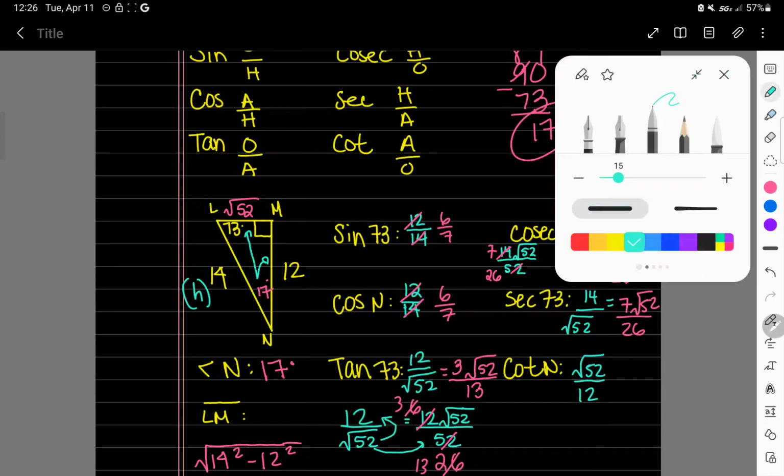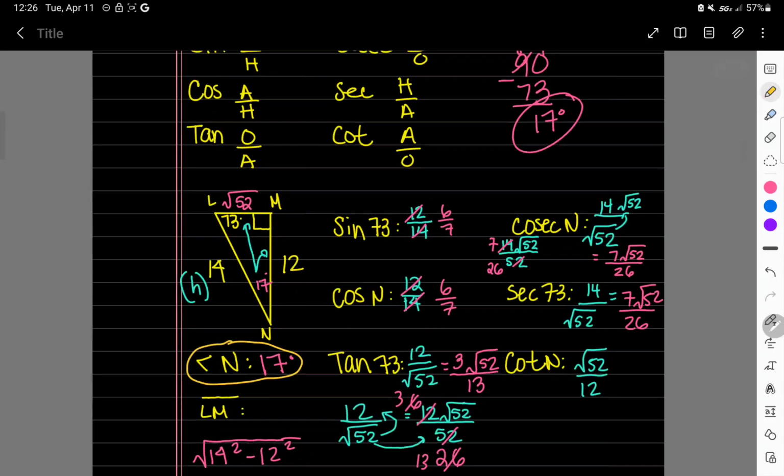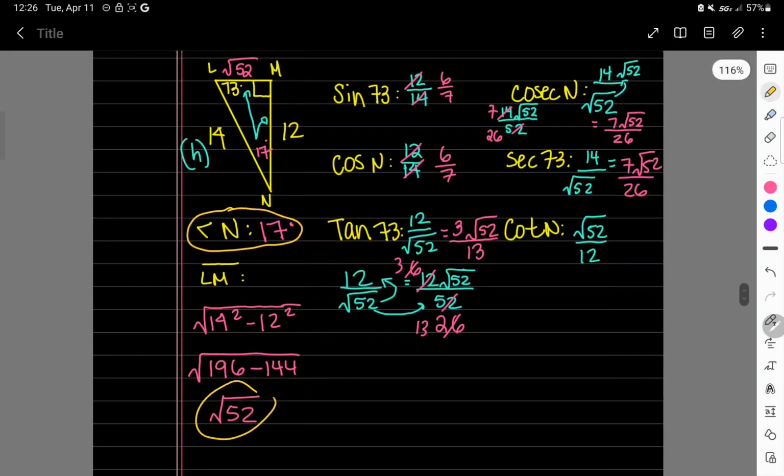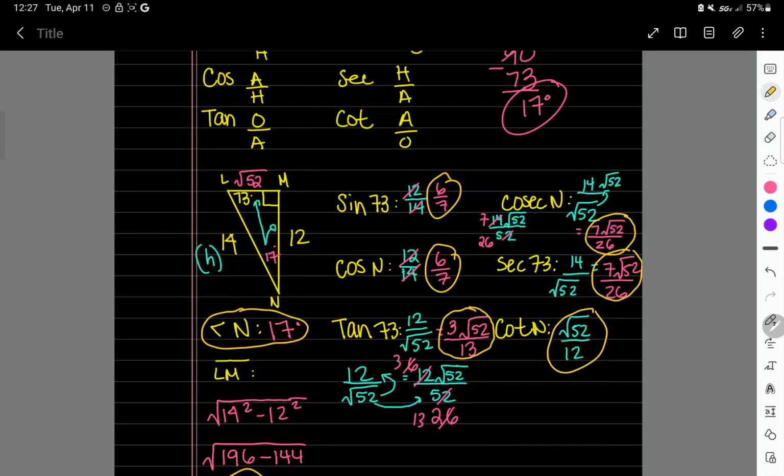So our answers for these are 8 answers. We have the answer of the missing angle, we have the missing side, which was square root of 52, and then we have 6 over 7, 6 over 7, 3 times the square root of 52 over 13, 7 times the square root of 52 over 26, same thing for the bottom, and then square root of 52 over 12.